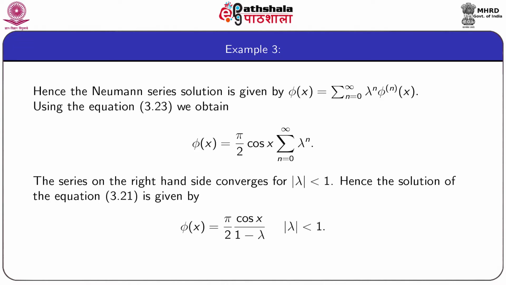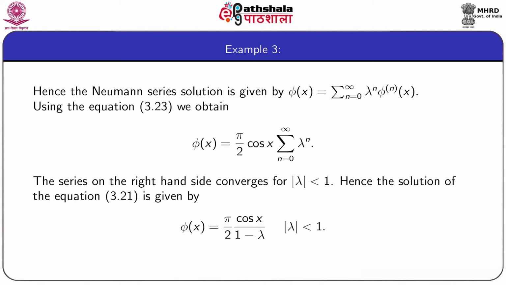Now, the Neumann series solution is given by φ(x) equal to summation n equal to 0 to infinity λⁿ φⁿ(x). Now φⁿ(x) we have obtained for all n equal to π/2 cos x.